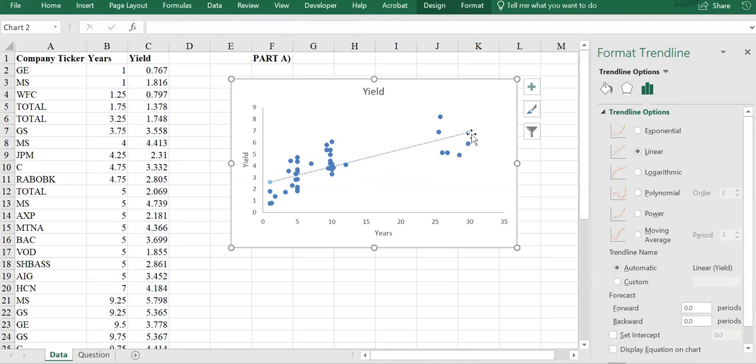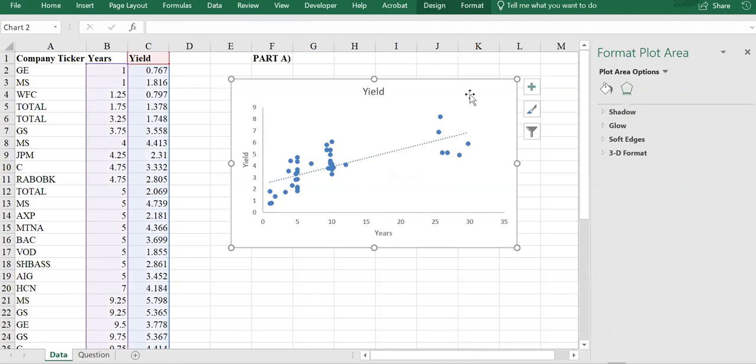It looks okay, like it looks linear. We may actually have a better model if we use quadratic, because at the left side and at the very right side of this experimental region for years to maturity, most of the points are below the trend line, and in the middle range, most points are above the line.